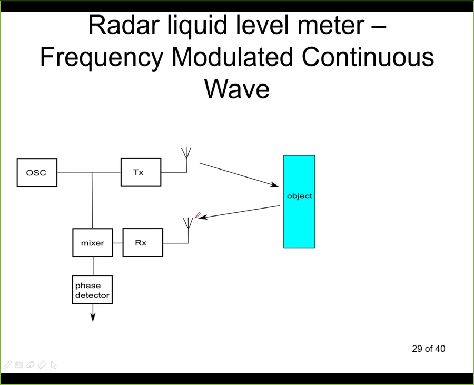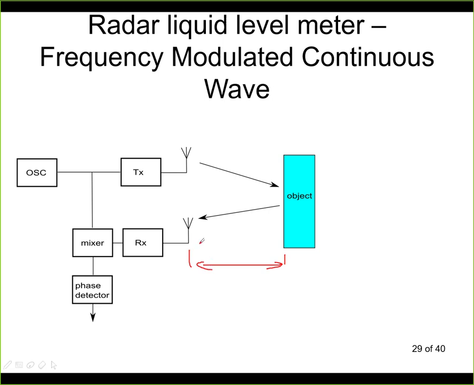The received signal will also be a continuous signal with a variable frequency, but there will be a frequency difference. Here we are comparing the frequency that we are sending right now with the frequency that we are receiving right now, and the frequency difference will be proportional to the distance between the sensor and the object.